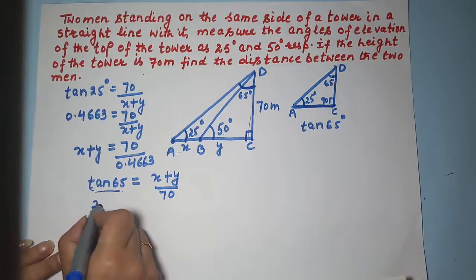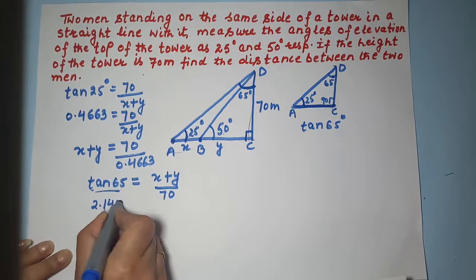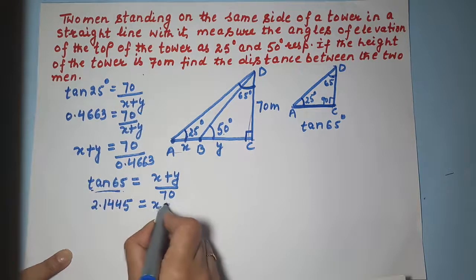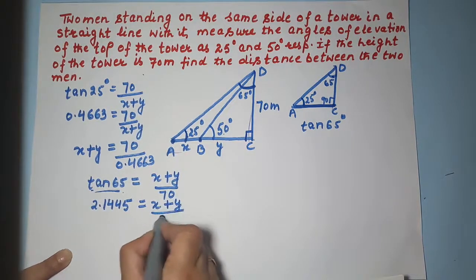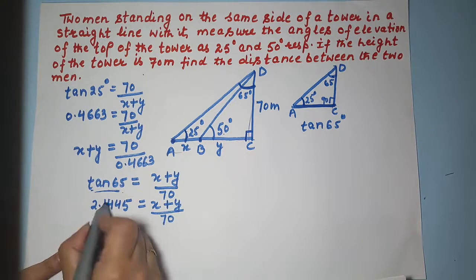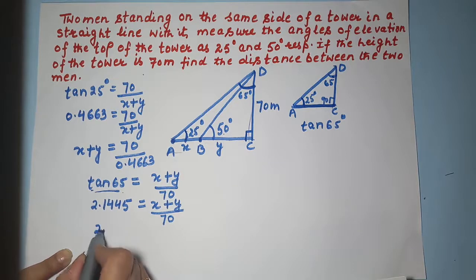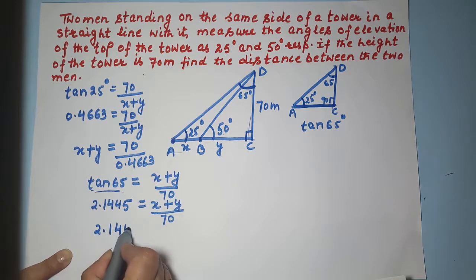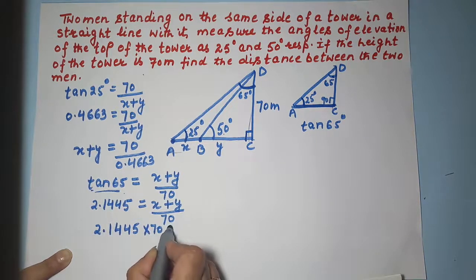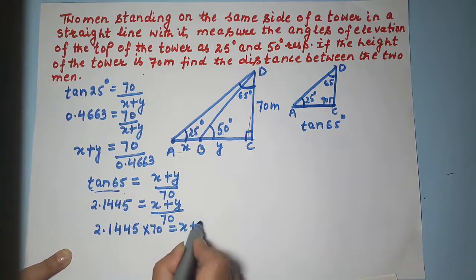So 2.1445 is equal to x plus y upon 70. See how simple it became for me. I can cross multiply. I will get 2.1445 into 70 is equal to x plus y.